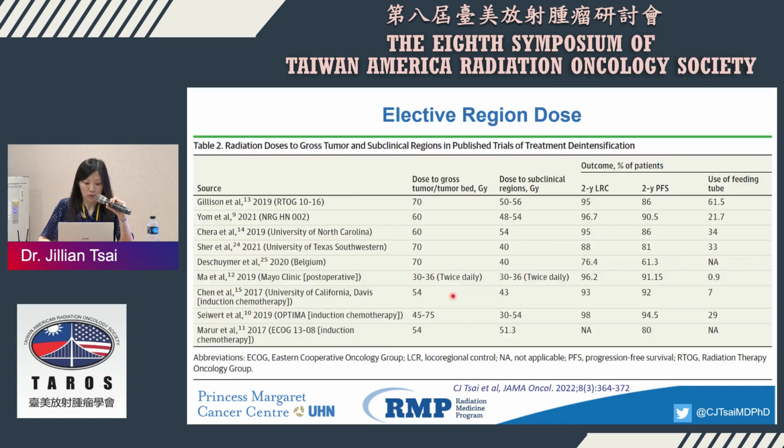And I also want to bring up the elective dose. Okay, so if we are treating the patients with chemoradiation, 70 gray, what would your elective dose, CTV1, CTV2 be? You can see that these are the trials that are published, not just for HPV positive oropharynx.